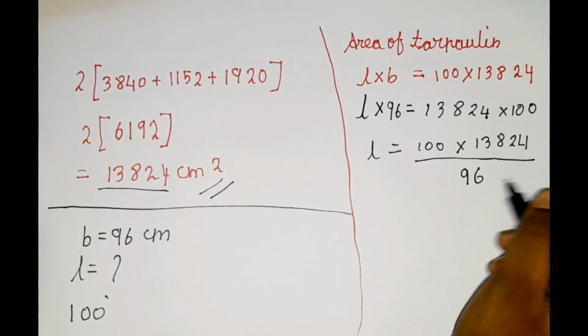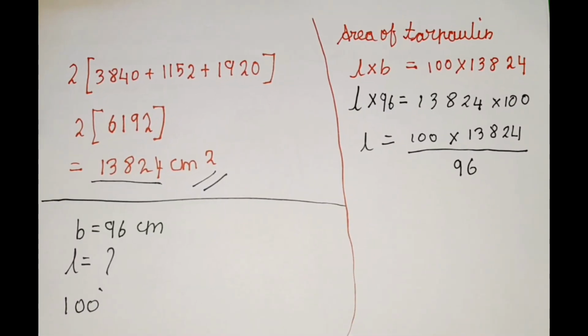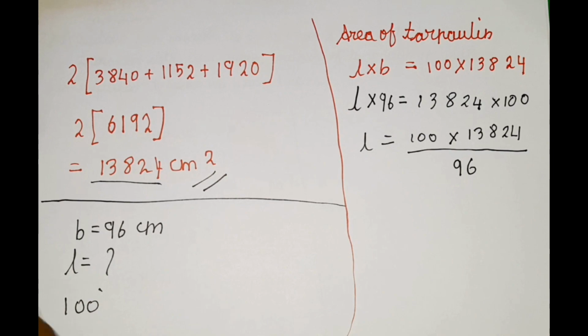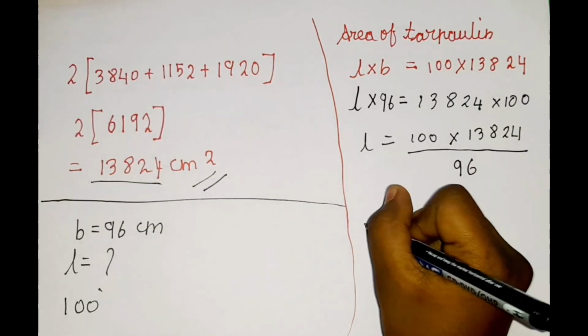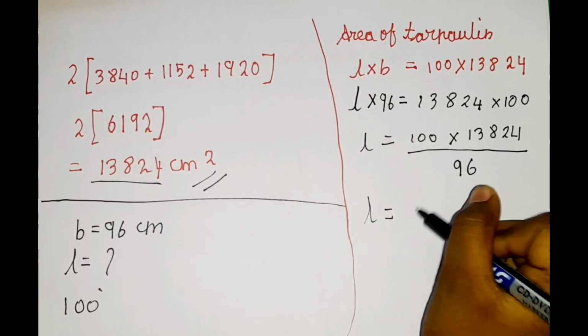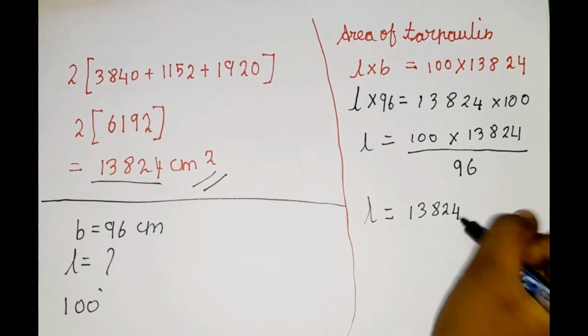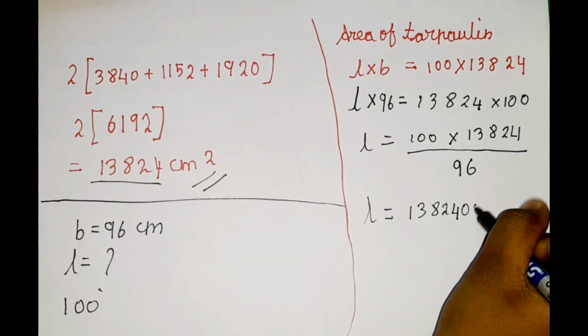So now what we are going to do is we are going to cancel it. So now before dividing it, I would like to multiply this, okay. If you guys want, you can cancel it now itself. Let's multiply it first. So 13,824 into 100. So 0, 0.